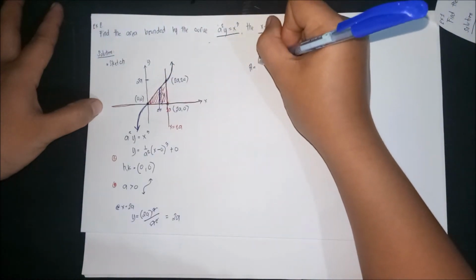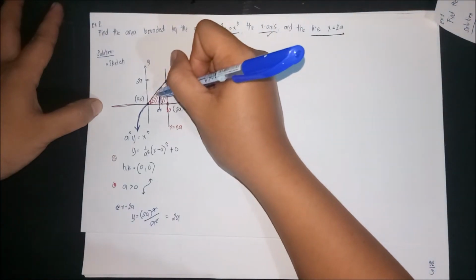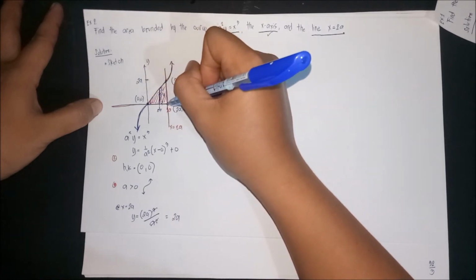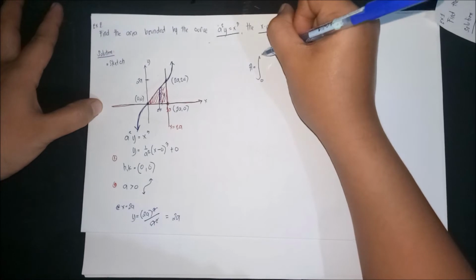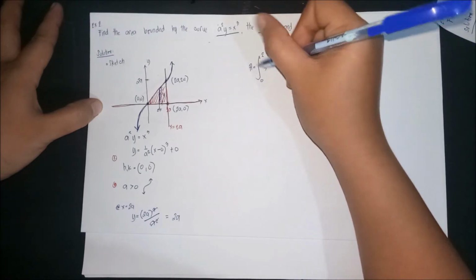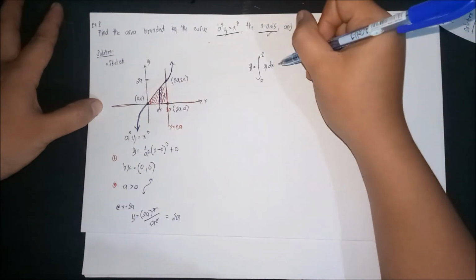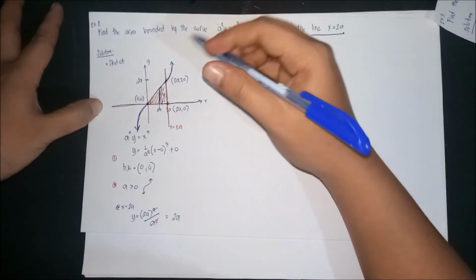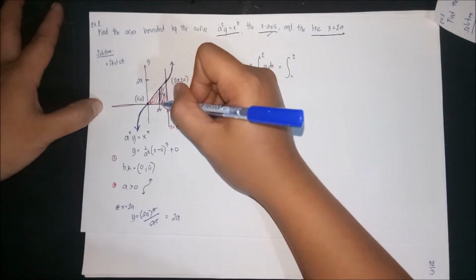So, our area would be the integral. When we add them up, our limits are from here to here. Our x, from 0 to 2a. So, 0 to 2a of y, length times width, times dx. What is our y again, class? Upper minus lower.